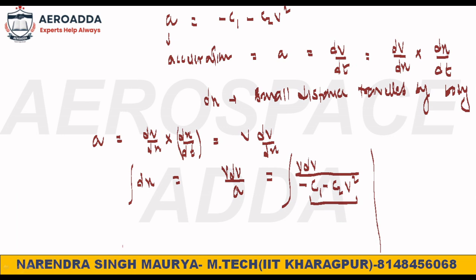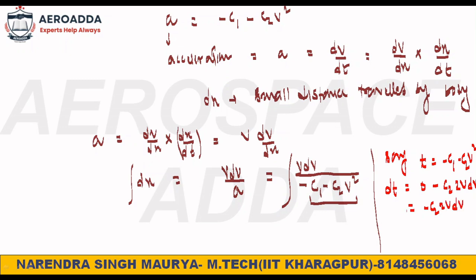So you can say t is equal to minus c1 minus c2 v square. You can take it like that. What will be the dt value? c1 is a constant, so 0, and minus c2 v square gives minus c2 into 2v dv.